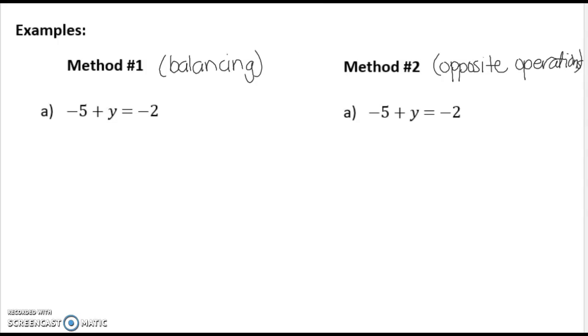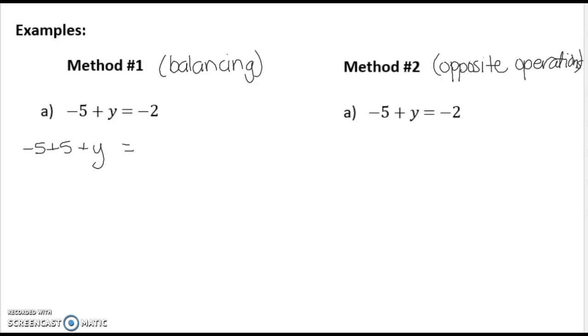First one, method 1 is we're going to do balancing. Okay, so here we keep our equal signs lined up. We want variables on one side of the equal sign and all of our numbers on the other side. So here we have a negative 5. Okay, and the only way to get rid of this 5 is to add 5, right? Because negative 5 plus 5 gives you 0. Okay, and then we still have our plus y.